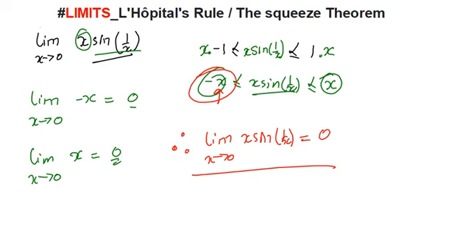Sometimes you have to use the squeeze theorem, and whenever you see trig functions, either sine or cos, let it ring a bell that here I might be able to use the squeeze theorem. If you have other trig functions, it can be cosec, cot, tan, or anything. Try to use L'Hopital's rule. If it fails, perhaps you can try to use identities.